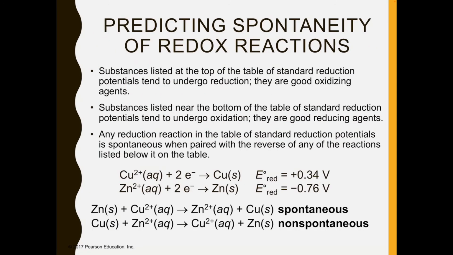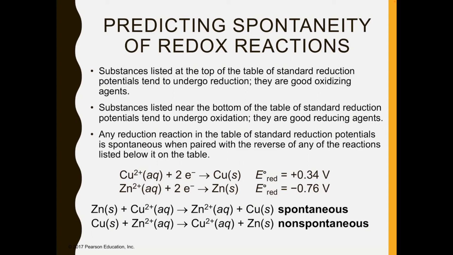Okay, so substances that are listed at the very top of the table tend to undergo reduction because it's a reduction potential, right? So if they have a large value, they will likely be reduced, which means they are really good oxidizing agents, like we saw fluorine. Substances that are listed near the bottom of the table are good at undergoing oxidation, therefore they are good reducing agents.